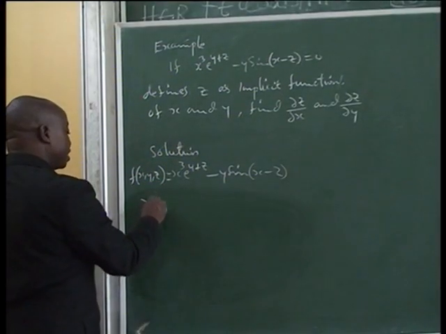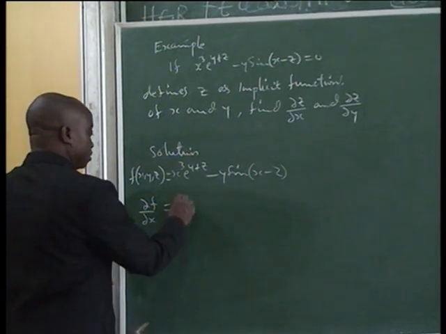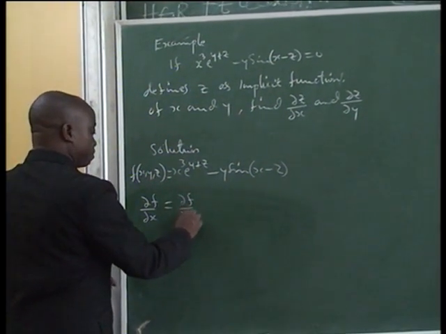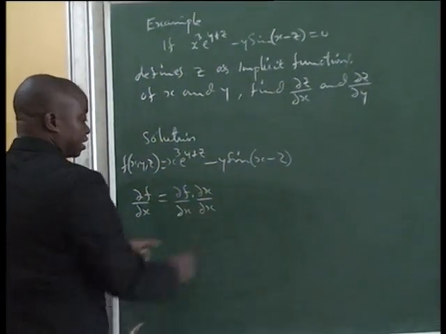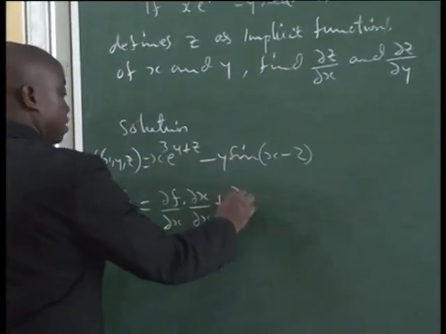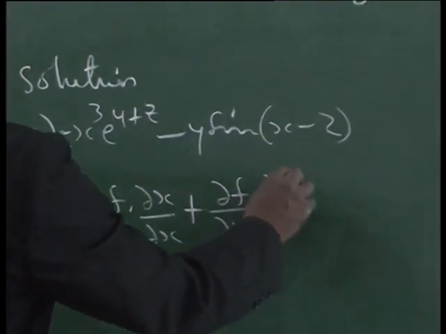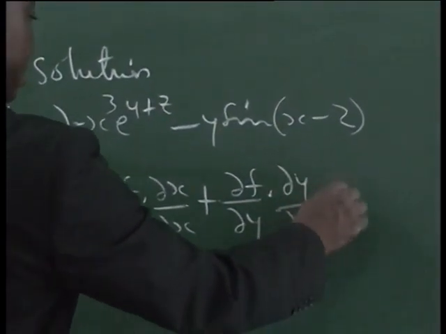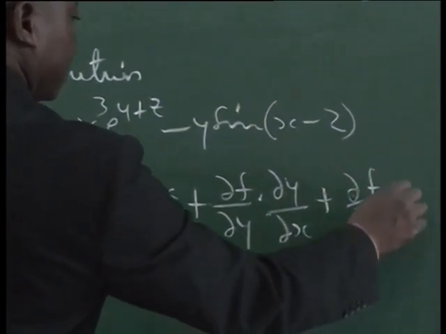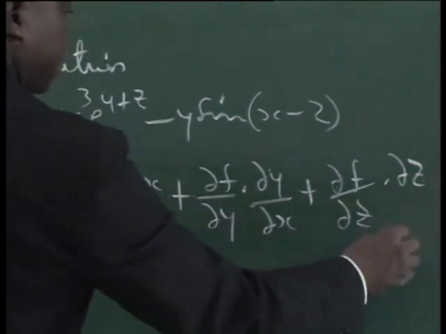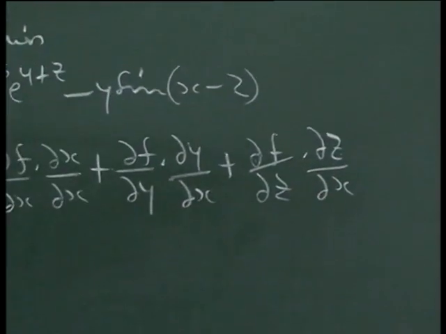You know that partial f, partial x will be equal to partial f, partial x times partial x, plus partial f, partial y times partial y, partial x, plus partial f, partial z times partial z, partial x.